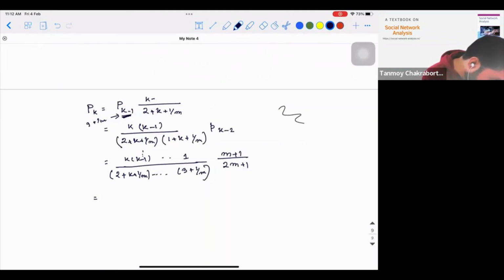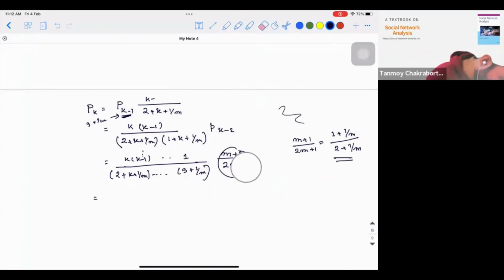Okay, so now let's look at this derivation. Can we write this part, m plus 1 by 2m plus 1, as 1 by 1 by m by 2 by 1 by m? What I've done is I have divided the denominator by m and the numerator by m, right?